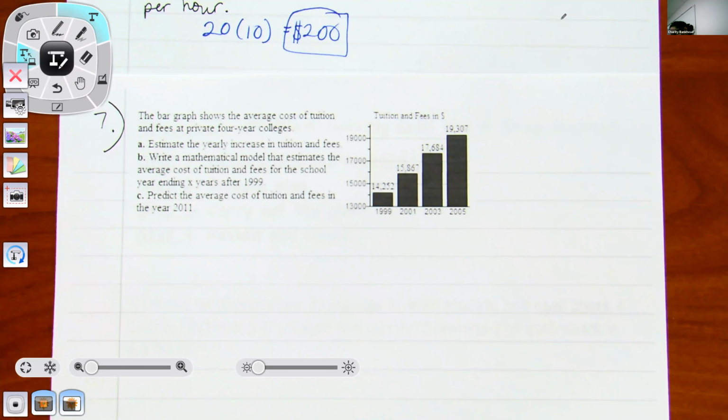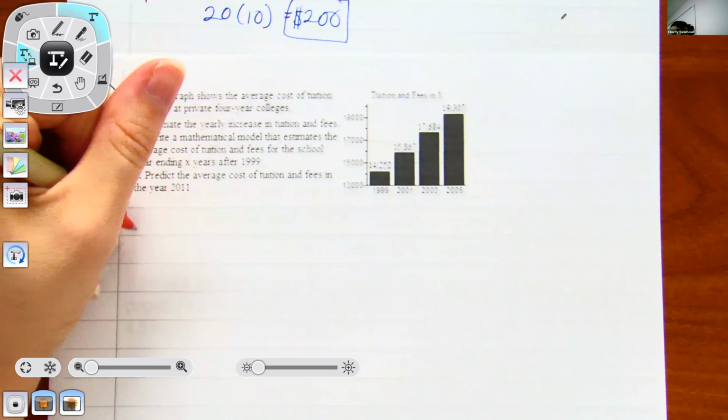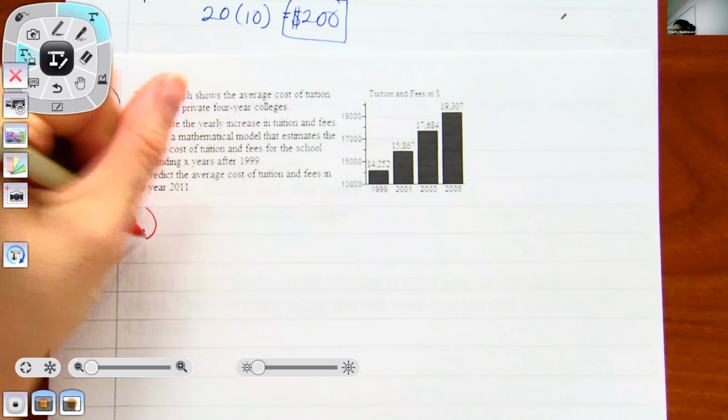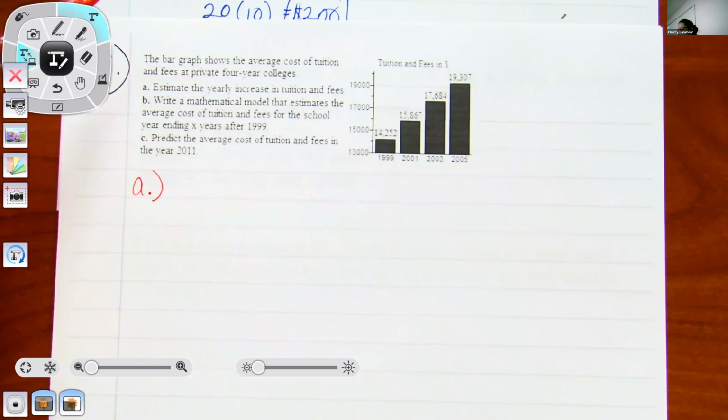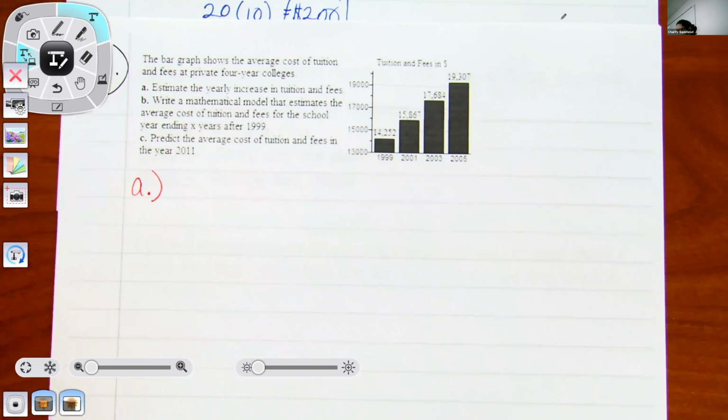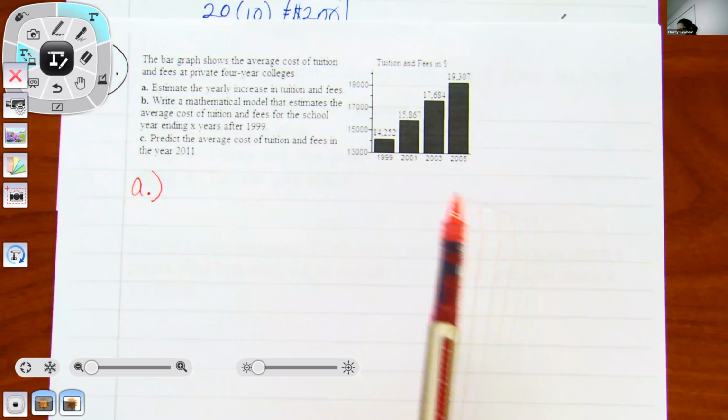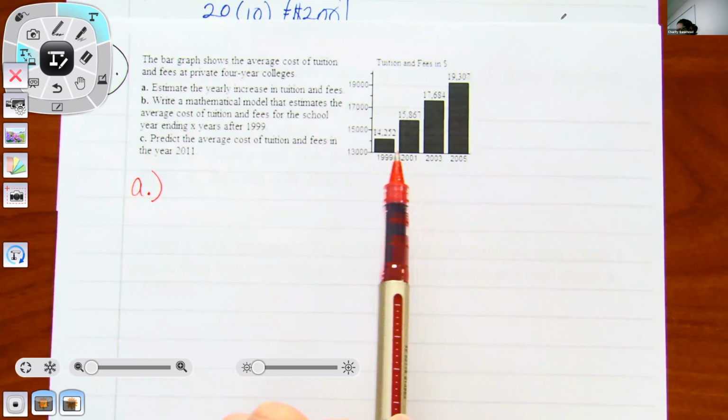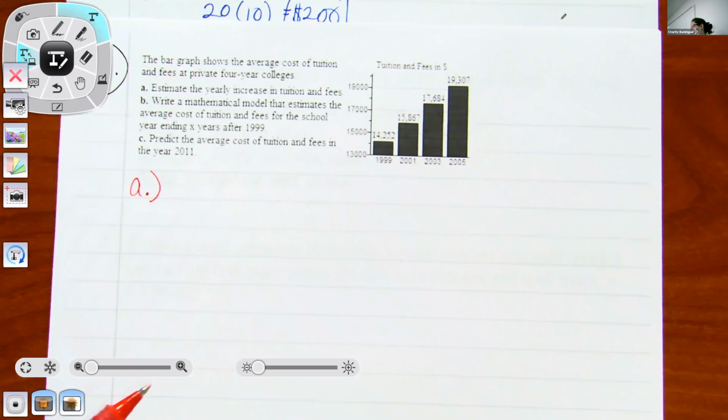So what they want you to do here, in this case, they're not really looking for you to round it off. The estimating part comes in the fact that the whole thing's kind of an estimate because you're using past information to predict future information.